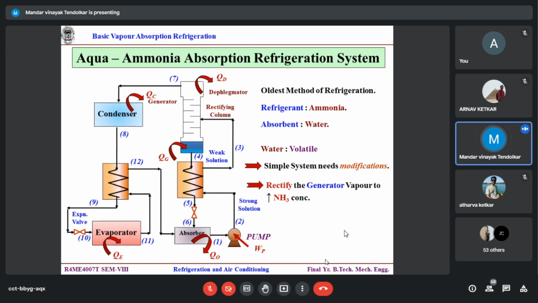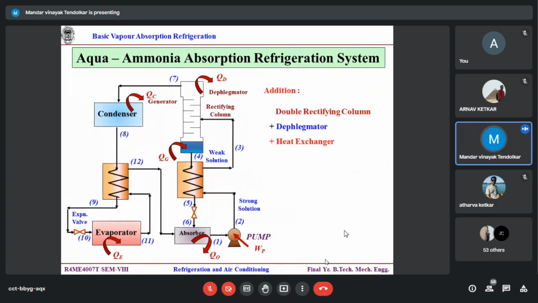So there should be some care to be taken. So rectify the generator vapor, supply more and more heat so that only ammonia will go over there and this water, H2O, will come down. No H2O should go to the condenser. That is the care to be taken.